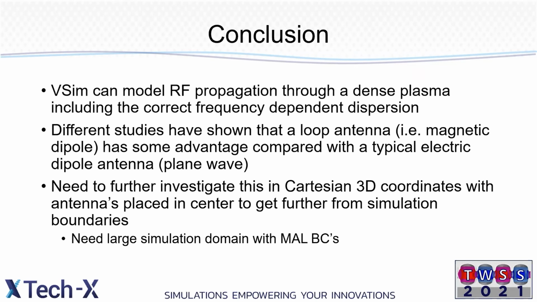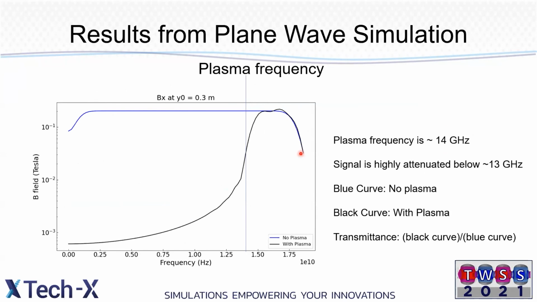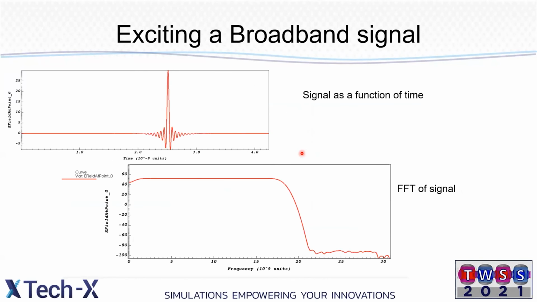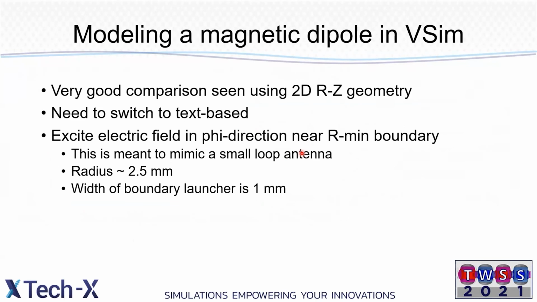The first question says, how do collisions improve communication through a dense plasma? So the way I think about it, conceptually, is that the collisions impede the motion of the electrons, and therefore they're not as responsive to the electric field.